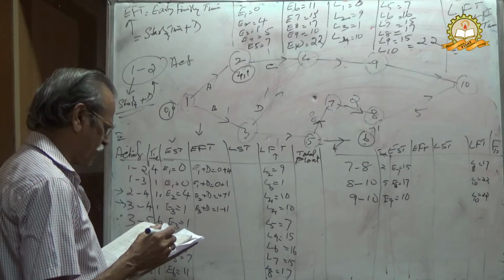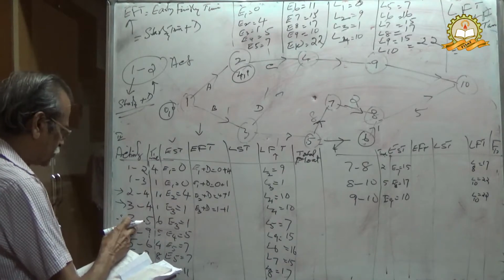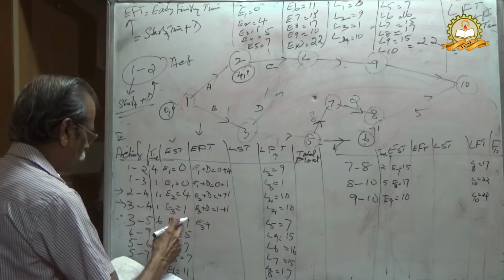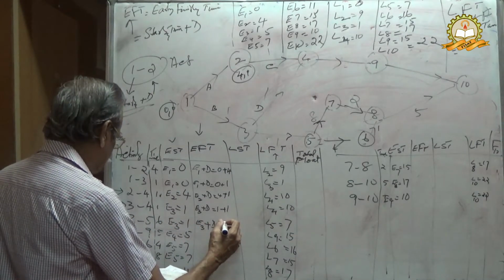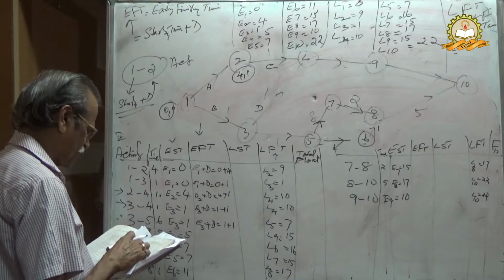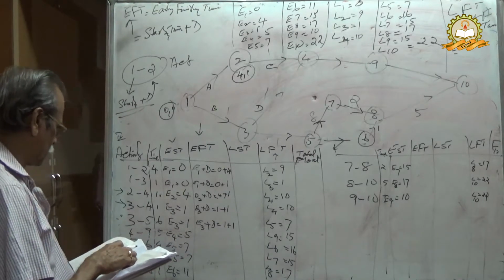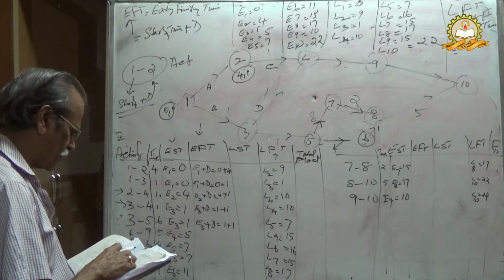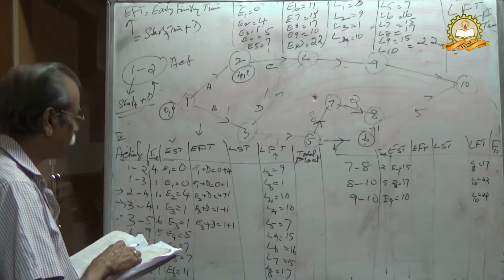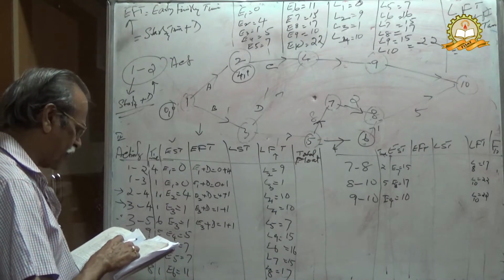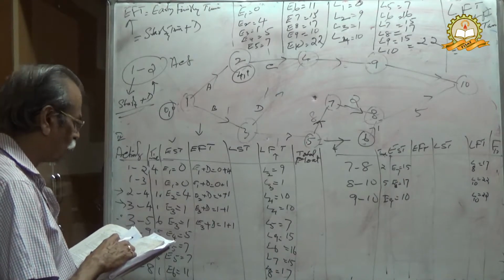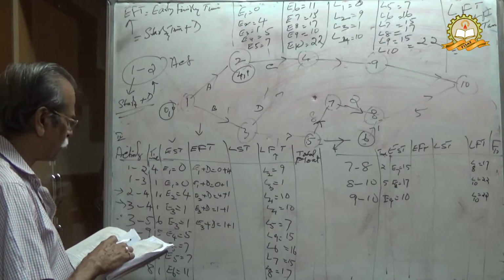Then 3 to 5, E3 plus duration 1. E3 equals 1 plus 1, which is 2.